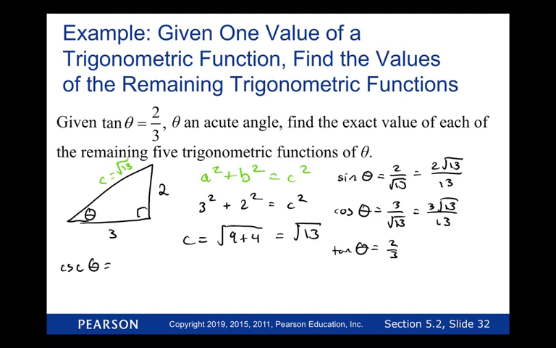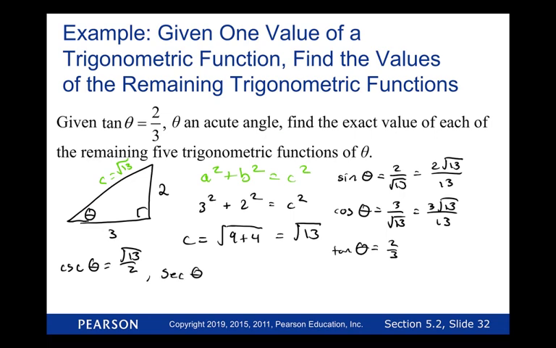Cosecant is the reciprocal of sine. So then that result is going to be what? Right? If we flip the original, that's going to be the square root of 13 over 2. I'm just going to continue going to the side. What's after cosecant? Reciprocal of cosine is secant, okay?